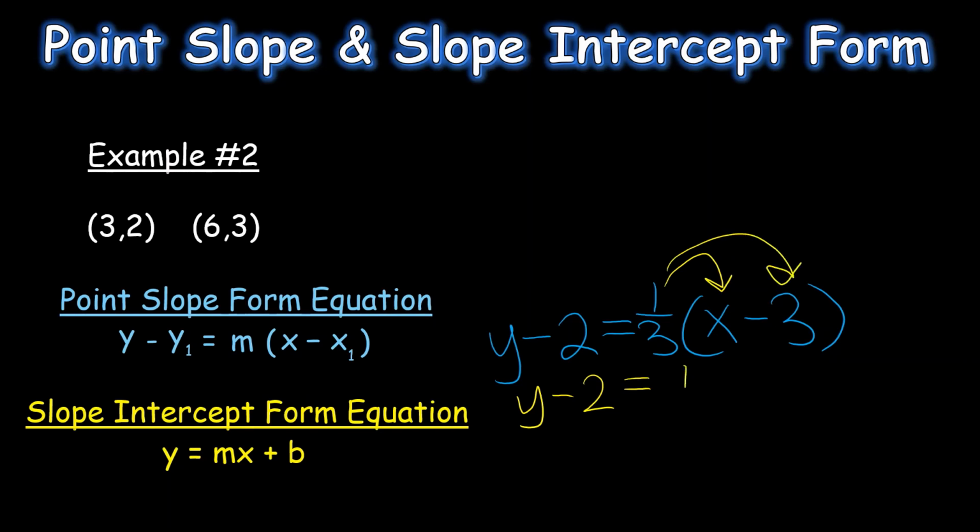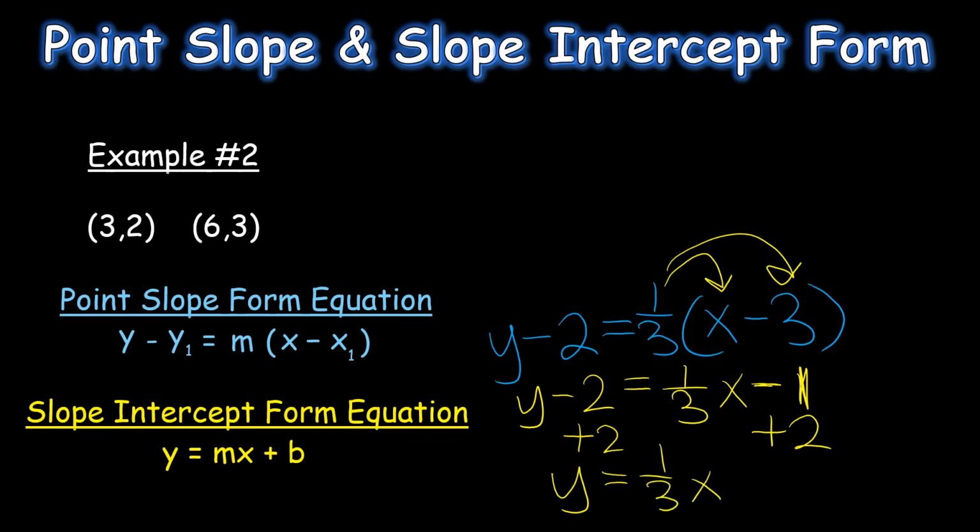So we have 1 over 3x minus 1 over 3 times 3, which will be 1. And then we have to isolate the y. So we add 2 to both sides, and we end up getting y equals 1 over 3x plus 1. And this will be our slope-intercept form equation.